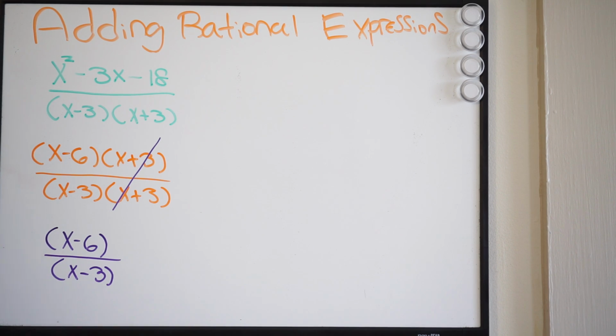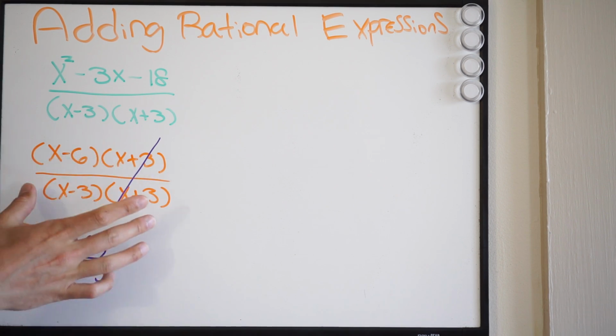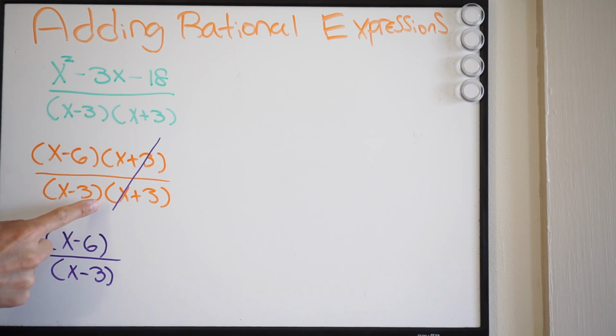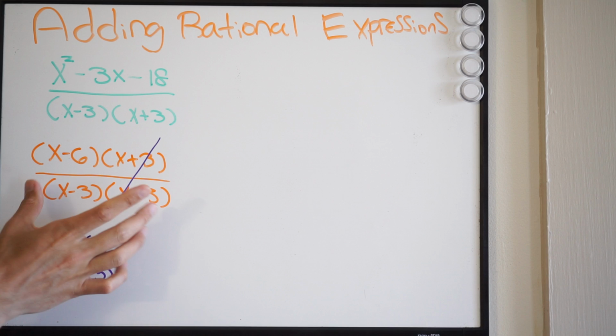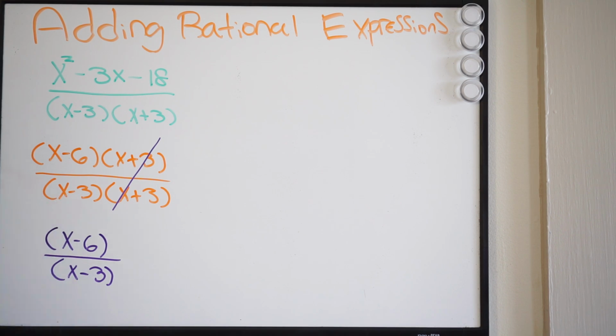So for example, if I wanted to find any values for x that were going to make this undefined, I would go to what I had before I canceled out my common factor. Remember, it's undefined if you divide by 0. So what would I have to plug into x here that would make this whole bottom part 0? Well, if I plug in a 3 here, 3 minus 3 is 0, and then 0 times this factor will be 0, and that will be division by 0.